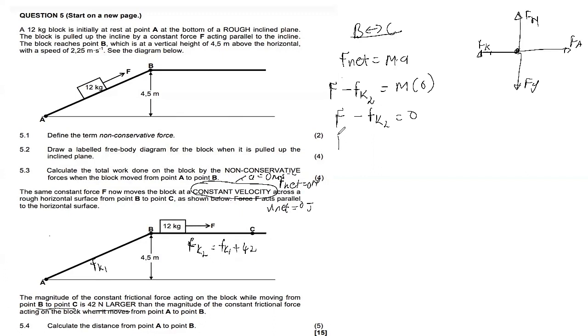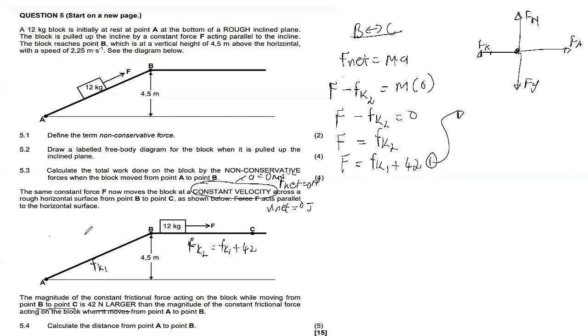So let's transpose that to the other side, so that F is equal to FK2. Then our force will now be FK1 plus 42.